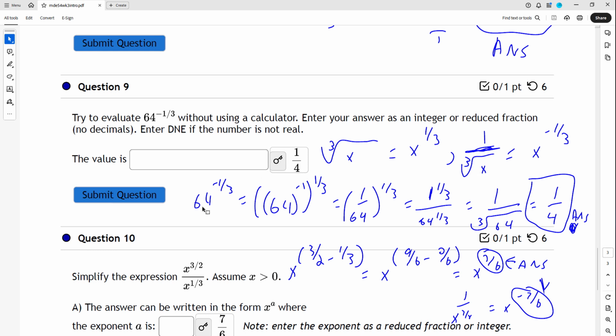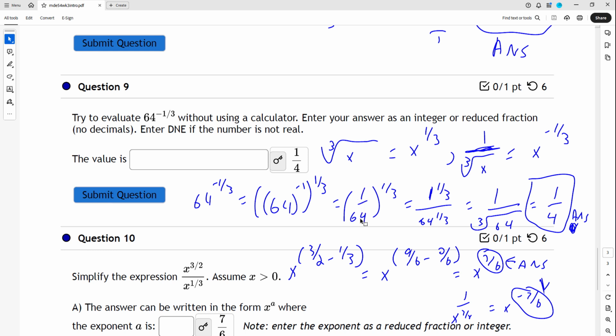So here I have 64 raised to the negative 1/3. I rewrote this using some properties of exponents. I have 64 raised to the -1 power, raised to the 1/3. Since this is raised to the -1 power, it's the reciprocal of it.